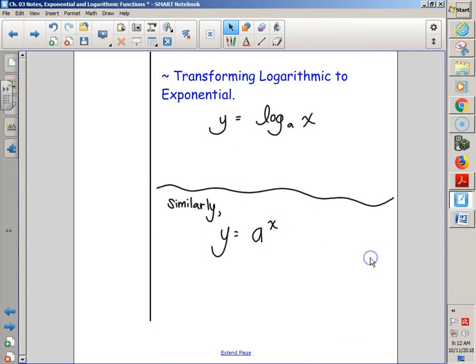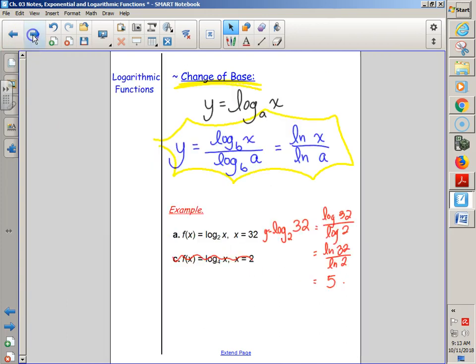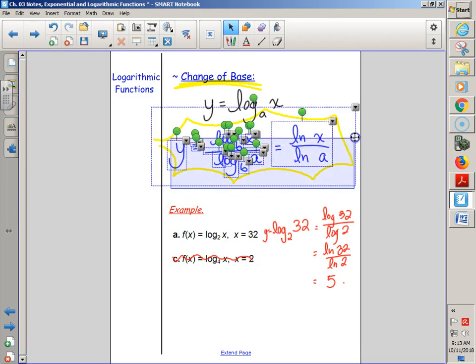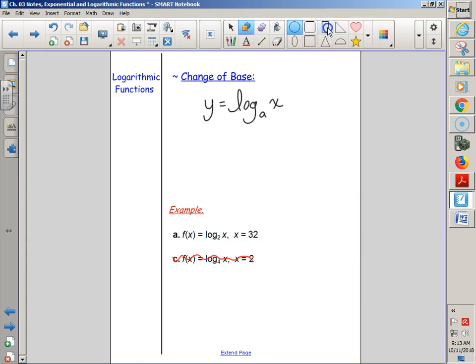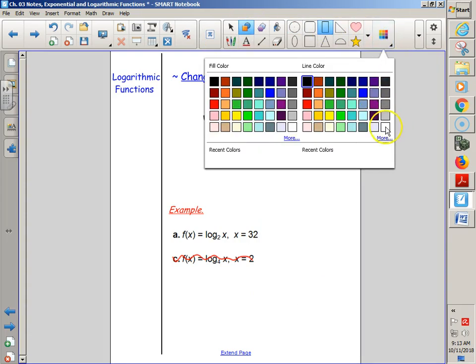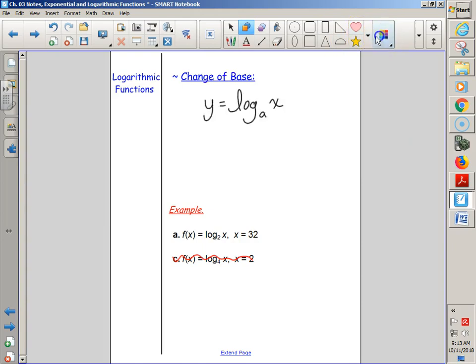I also have up there for you an exponential graph of a to the x, but I also have up there a logarithmic graph to show you how they're related. Do you guys see that they're reflections across the y equals x line? Ooh, that's a thing. What types of graphs are reflections across the y equals x line, guys? Horizontal line test has something to do with this, but that's not exactly what I'm looking for. What kinds of functions?